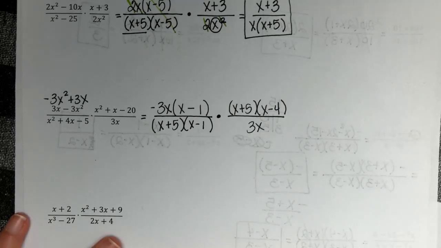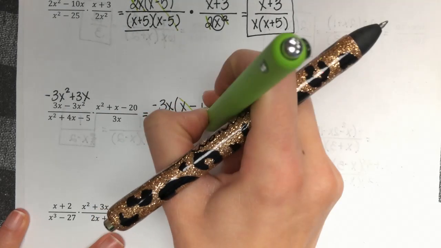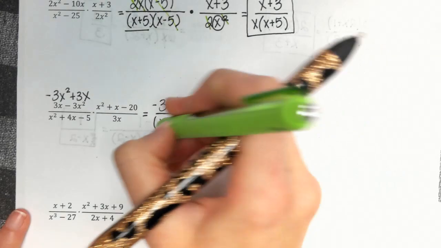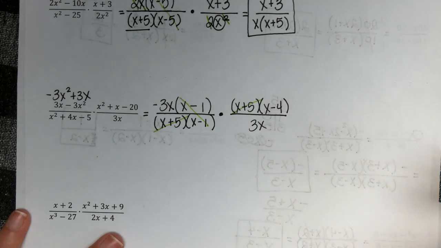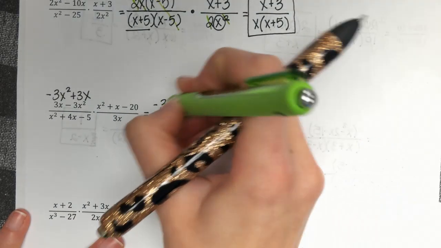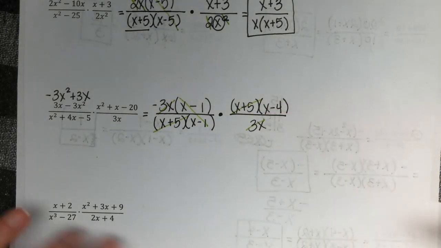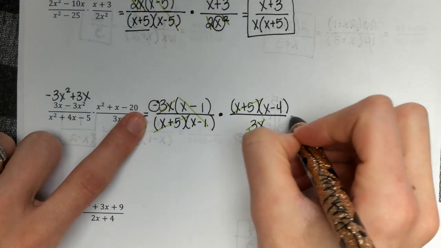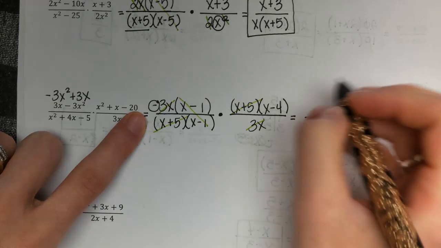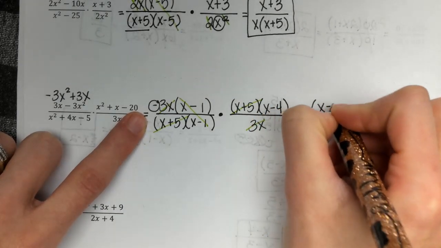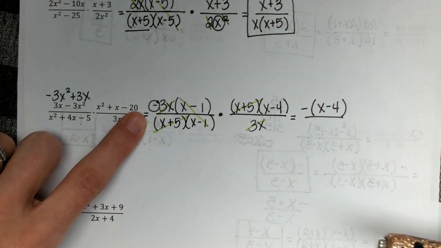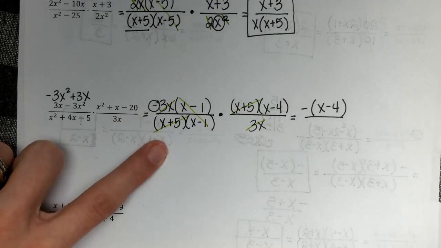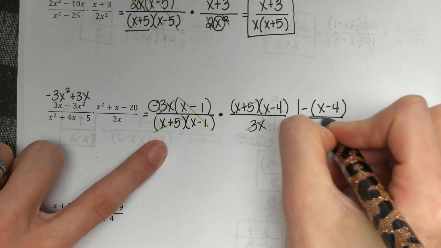And then I cancel stuff out. So x minus 1 and x minus 1. What else can I cancel out? X plus 5 and x plus 5. And then 3x and 3x. Now I still have this negative though. So don't forget that when you put your answer together. So I've got a negative x minus 4 in parentheses. Do I have a denominator? No. So it's just that.